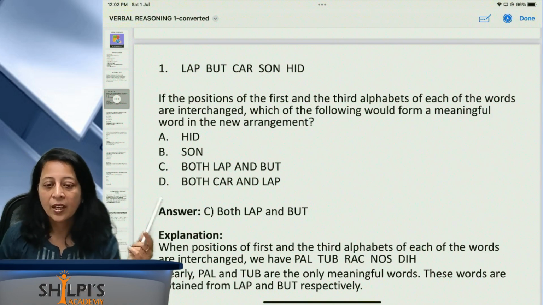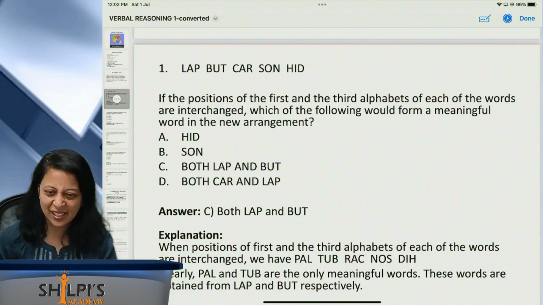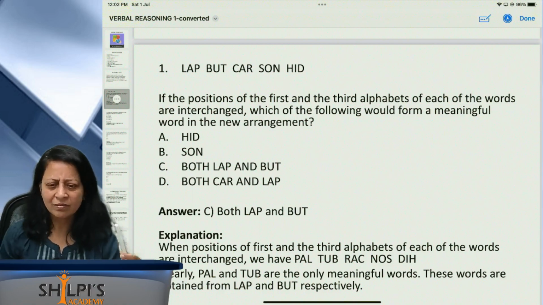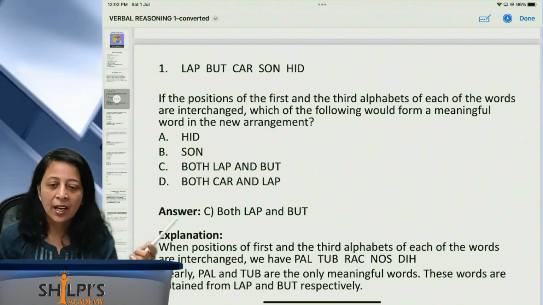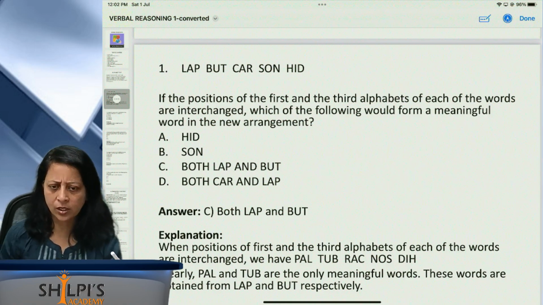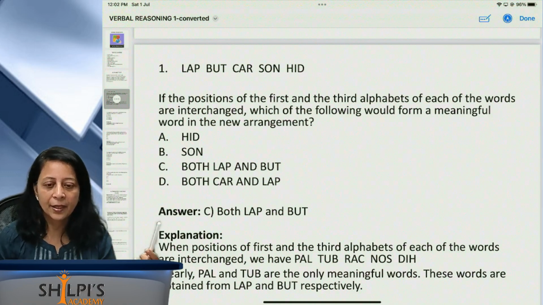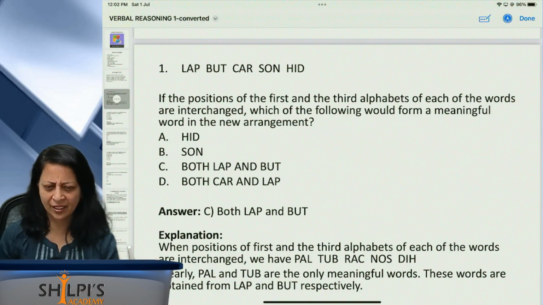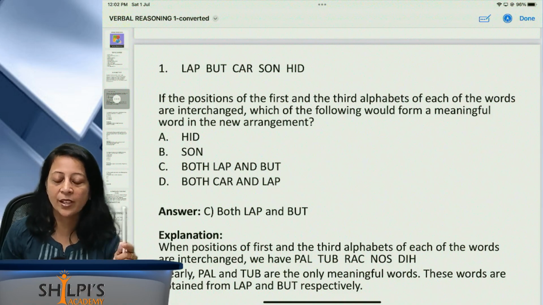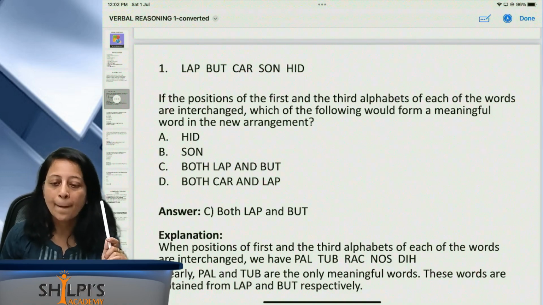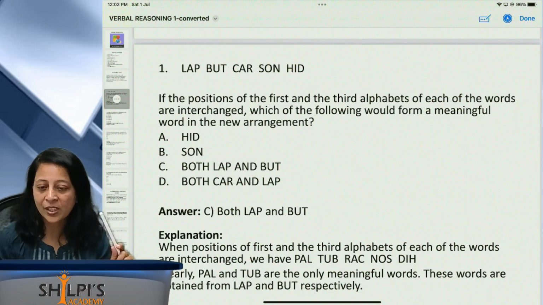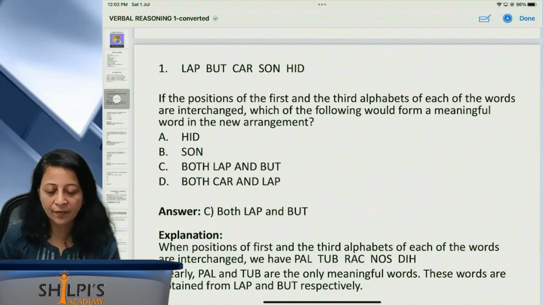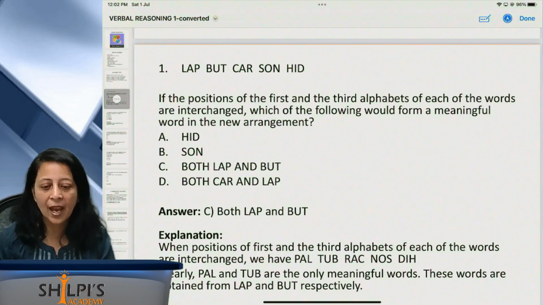Then car becomes rac, which doesn't make any sense. Likewise, son becomes nos, and hid becomes dih. So it means that only the first 2 words make real meaningful words. That is, one is your pal, which is your friend, and the tub is what we use in the bathrooms for storing water. So the answer will be both LAP and BUT.